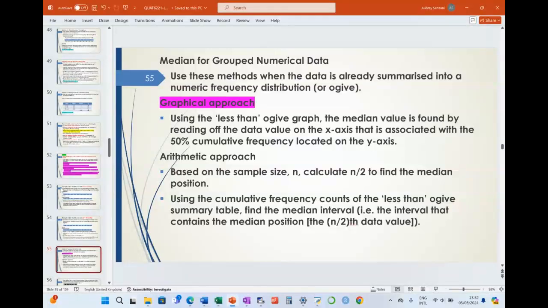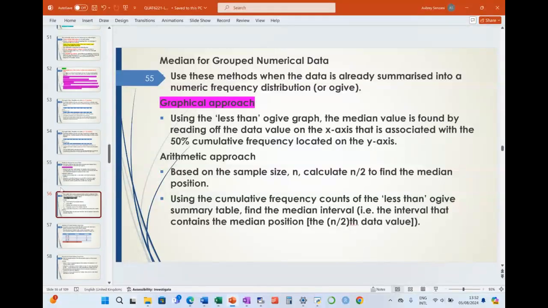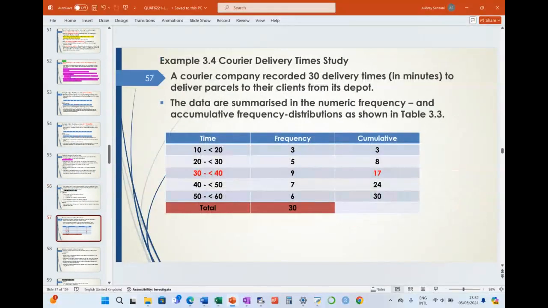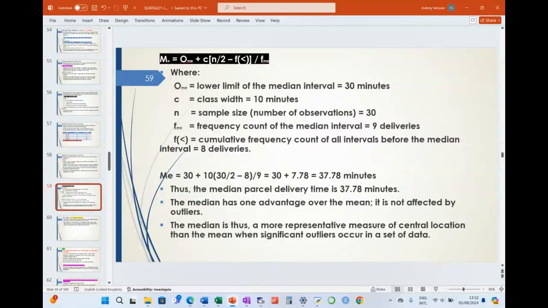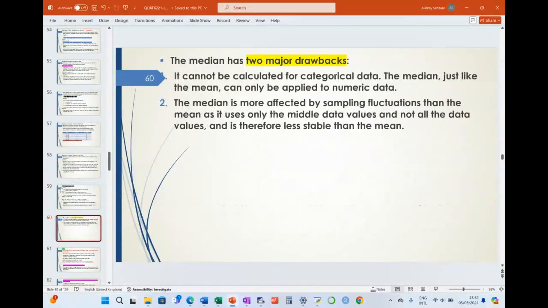Here they're talking about how to calculate the median from a graphic perspective, but I don't think we need to do that now. So I'll end off here, and then we'll jump into the mode when we get back together again.